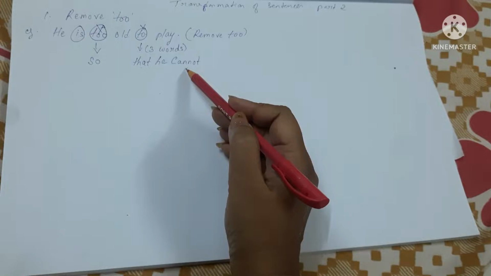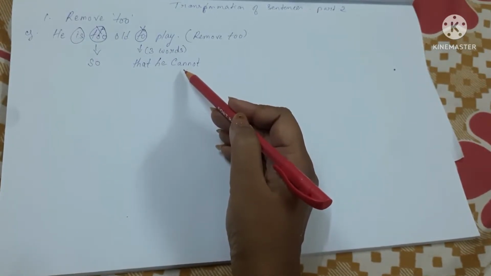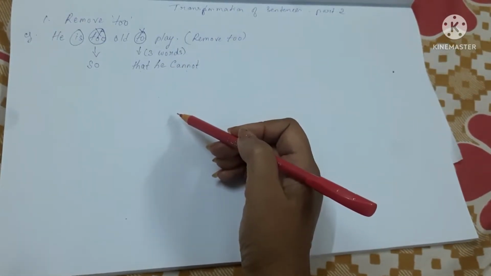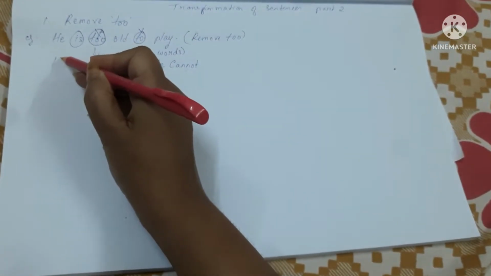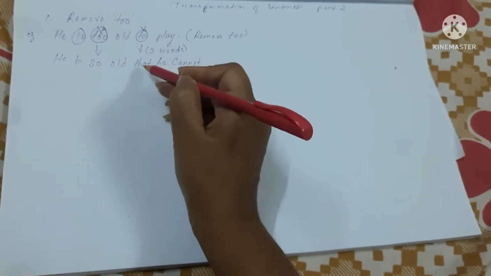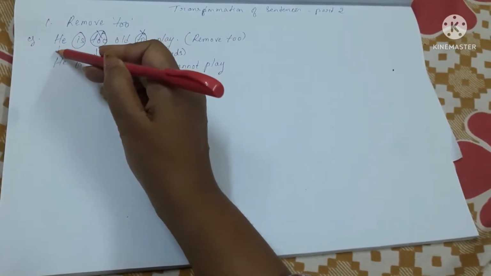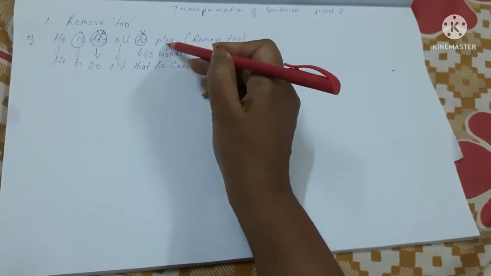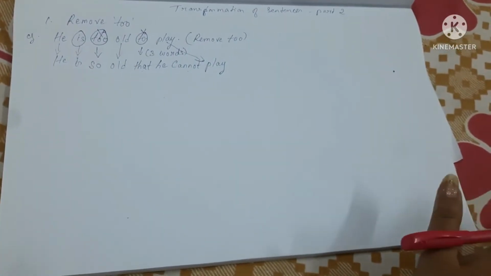If it is past tense, you have to use could not. And if a statement indicates something that has to be done in future, we use would not. So now you only have to fill it up. He is so old that he cannot play. The rest you will just fill in the blanks. It's very, very simple.